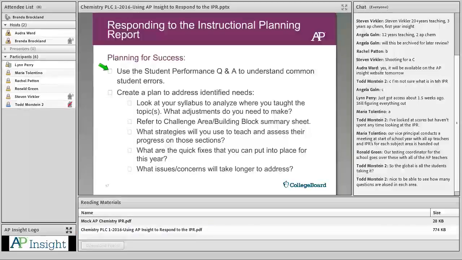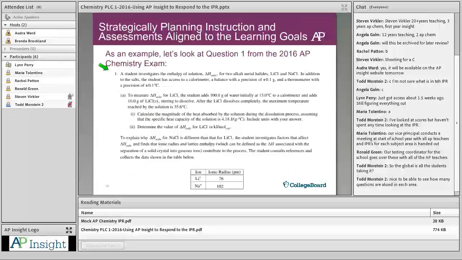Now, if you are looking at your information, right, and how things are going, you might even want to ask yourself if there's anything that you could quickly fix for the year. So if I were looking at my IPR, and then I started to look at that first question, which, remember, sort of overlapped that big idea with thermodynamics, I would really start to just dive into the question a little and take a look at some of the things that the students were being asked to do.